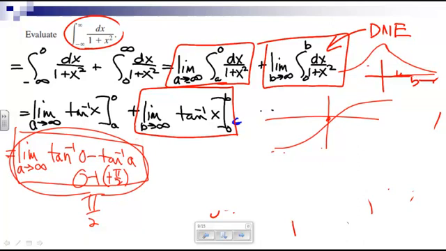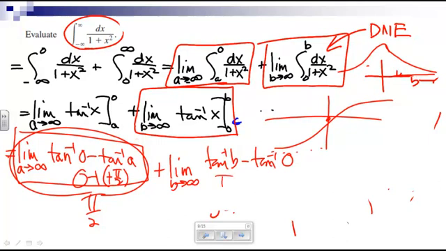All right. So this limit does exist. It is a finite value. This part of the integral is convergent. And if we do this one, the limit as b approaches infinity of inverse tangent of b minus inverse tangent of 0, and as b approaches infinity, inverse tangent approaches pi over 2.